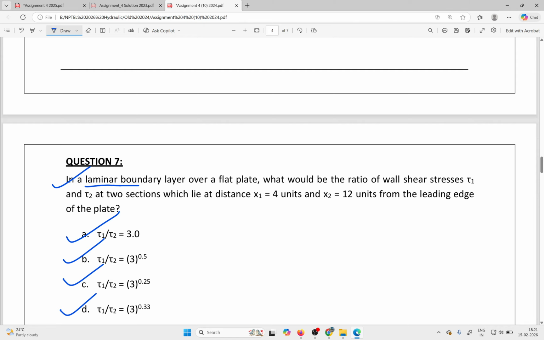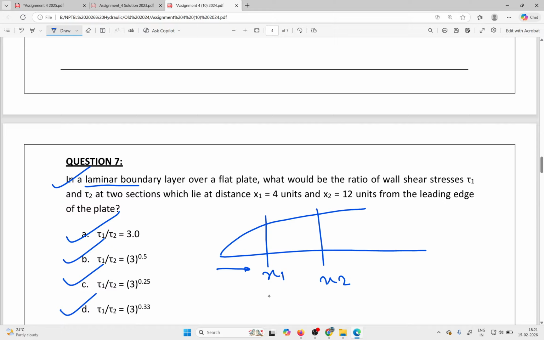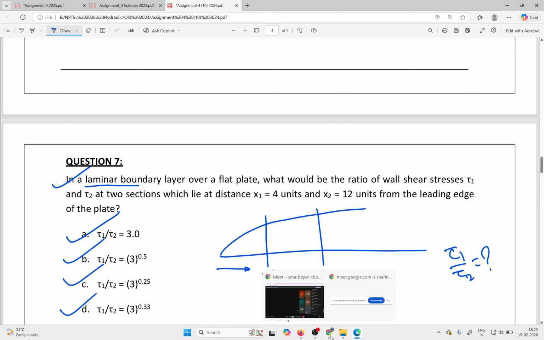Remember, within the laminar boundary layer, you have two locations over the flat plate. This is your laminar boundary layer. Let us suppose here you have x1 from this direction and here you have x2. So x1 is 4 and x2 is 12. Here you need to find tau 1 and tau 2, and tell the ratio tau 1 by tau 2. This is the question.